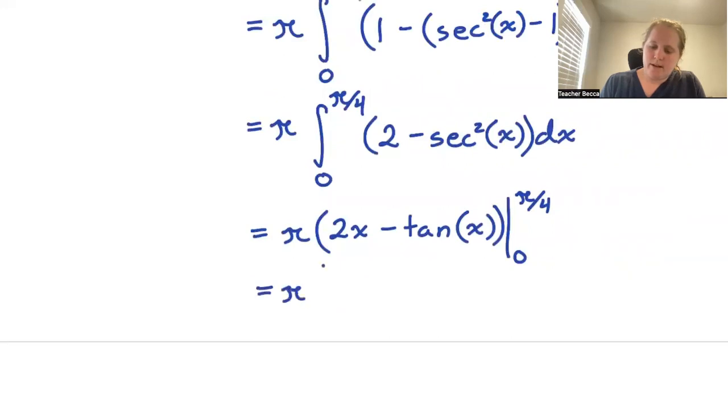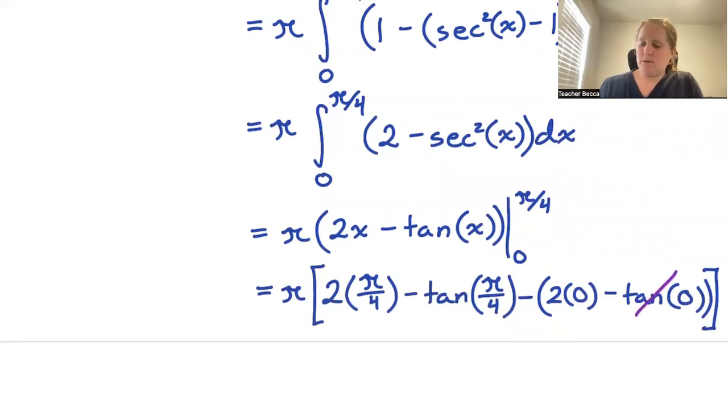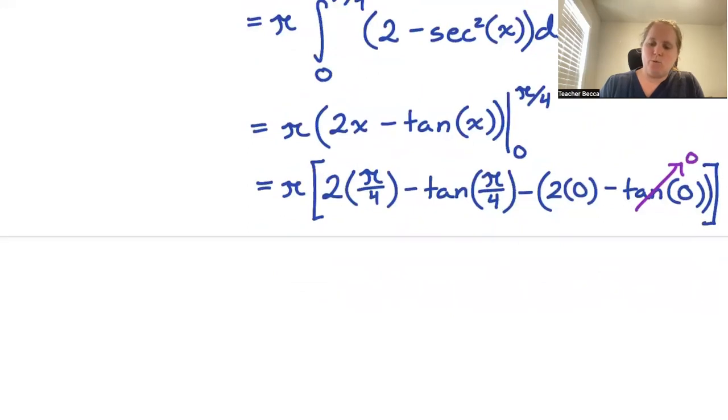This is pi times 2 times pi over 4 minus tangent of pi over 4, and we subtract off 2 times 0 minus tangent of 0. Once again, tangent of 0 is just 0. Tangent of pi over 4 is 1.